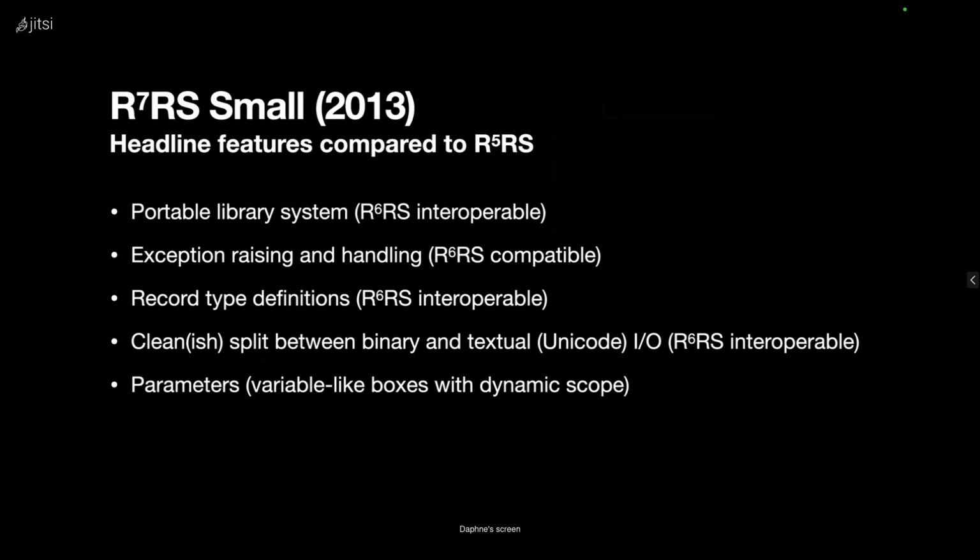Record type definitions, so you can finally, in a portable Scheme language, create your own data types, which was not in R5RS. We acknowledge that Unicode exists now, so we have a clean split between binary I/O and textual I/O, and that also works in roughly the same way as it was in R6RS. And for actual language features, we also have parameters, which are kind of variable-like boxes, which have dynamic instead of lexical scope.